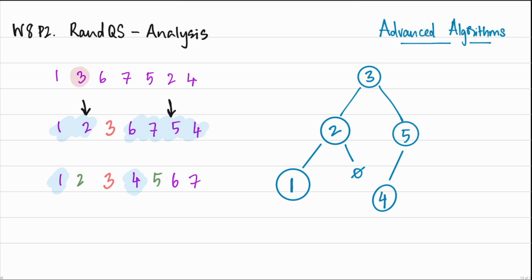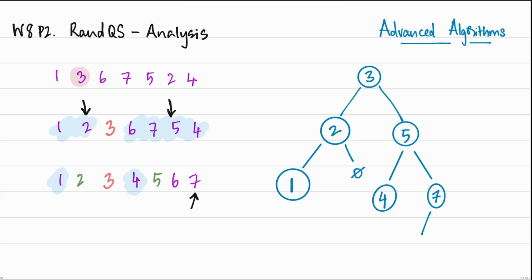And on the right, well, we could imagine that we pick either 6 or 7. The final array is going to be the same because we coincidentally already have it in sorted order at this stage, so I'm not going to be writing it down again. But let's just say that for the sake of completeness, choice of pivot here happened to be 7.